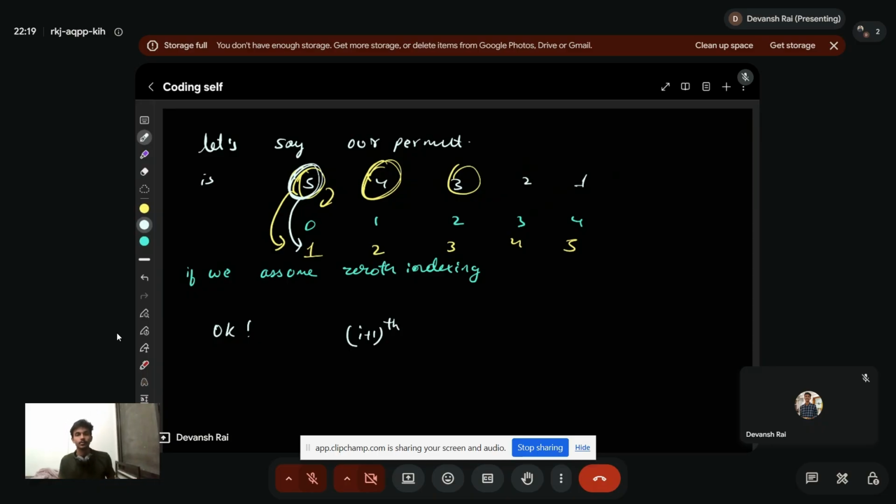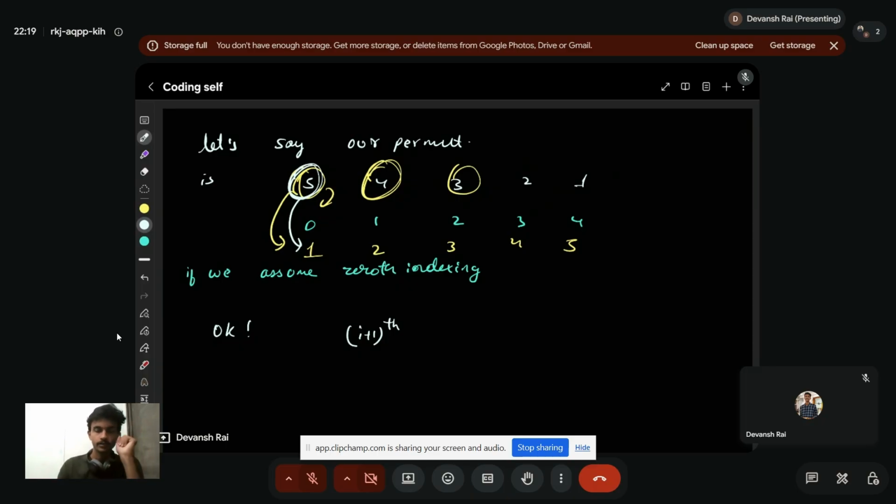So basically this represents 1, and this is the actual indexing of the permutation. If we don't talk in terms of arrays, in an array it starts with zeroth indexing, but in real life we don't say this element is at the zeroth position. We say 5 is at the first position, 4 is at the second position. That's how we do it in real life, right?